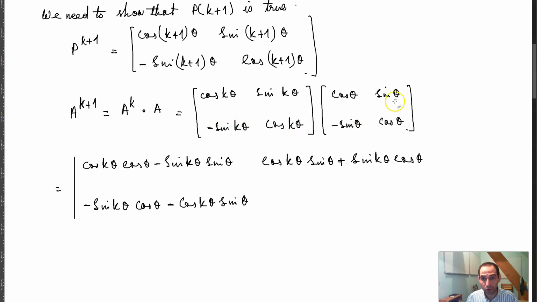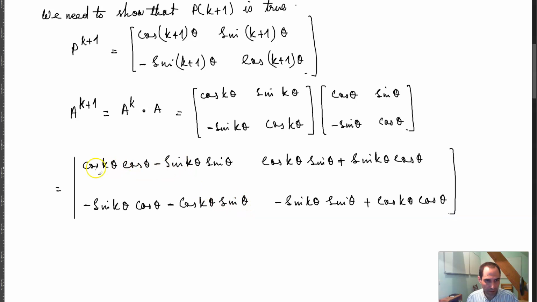And then this row times this column gives you negative sine k theta sine theta, and then this one times this one is going to be plus cos k theta cos theta.